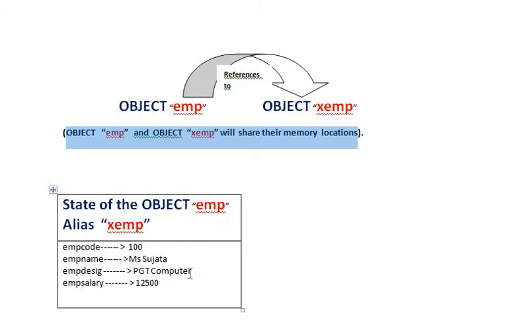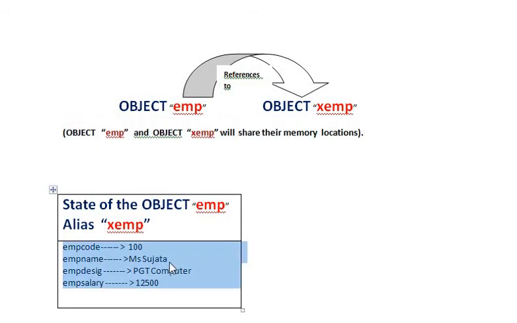And this we can denote it like this: the state of the object emp alias xemp, because the object emp creates a reference to the object xemp. So these values that indicate the state of the object xemp shall also be applicable to the object emp.